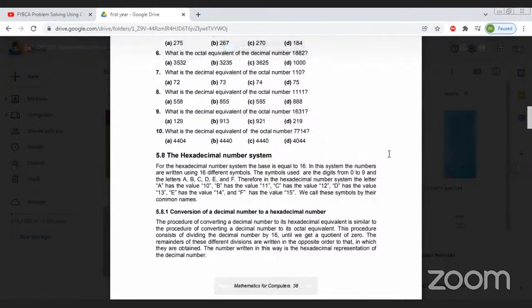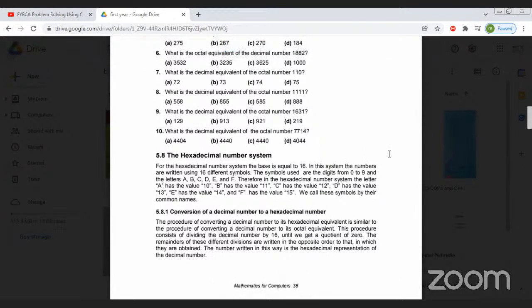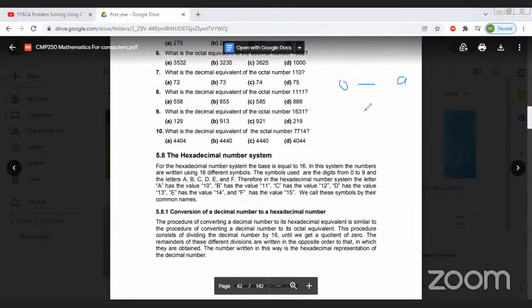Originally the digits are till where? 0 to 9, right? After that the numbers are in double digits and they are in repeated form. So till 0 to 9 we use these digits.